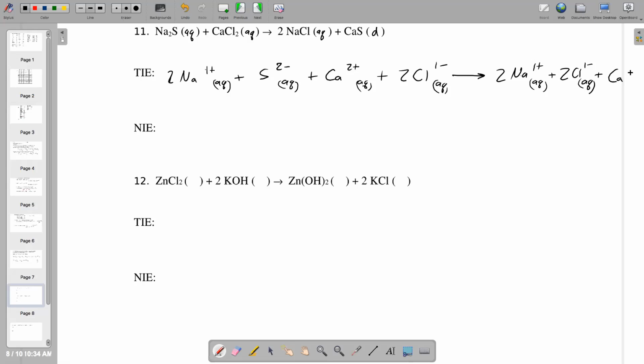I'll tell you what actually happens. This is sort of a bad example. It turns out that calcium sulfide is neither a solid nor aqueous. Instead, calcium sulfide reacts with water, and you get calcium hydroxide and hydrogen sulfide.